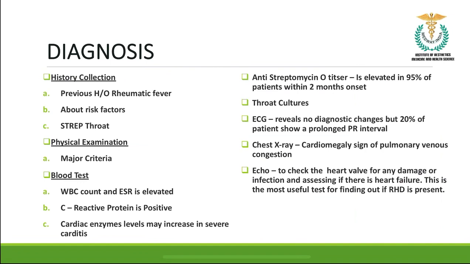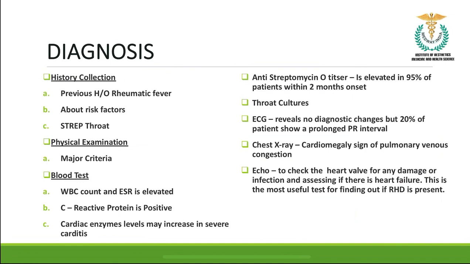So that is one of the major blood tests you have to see. And anti-streptolysin O titer will be elevated in 95% of the patients within 2 months of onset. So when the patient is having rheumatic fever, or is suffering from RHD, within the 2 months of onset the anti-streptolysin O titer will be elevated in the majority of the patients in this condition.